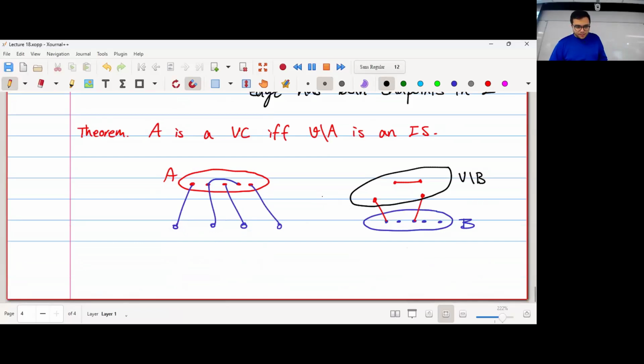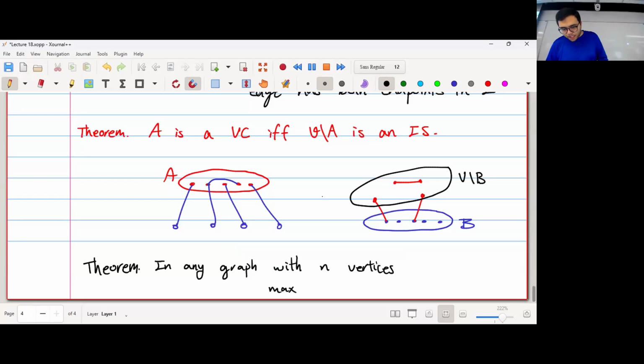And then we have this theorem, which is basically: in any graph with n vertices, the size of the maximum independent set plus the size of the minimum vertex cover is equal to the number of vertices, because my maximum independent set and minimum vertex cover are basically complements of each other.